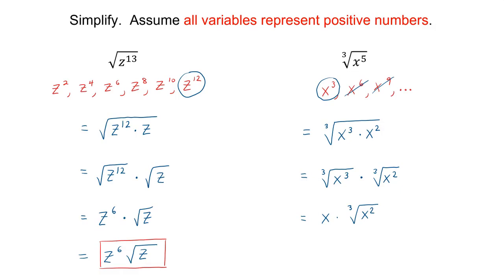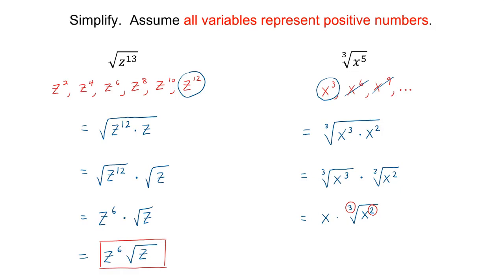Now we have to ask ourselves the question, is the cube root of x squared fully simplified? And an easy way to tell that, and I alluded to this in the previous example over here on the left, the easy way to tell that a radical expression containing a variable is fully simplified is to look at the index of the radical and the exponent in the radicand. In this example, the index is 3 and the exponent of the radicand is 2.